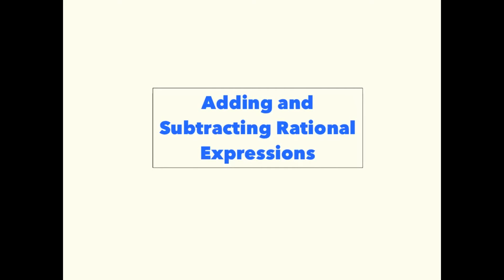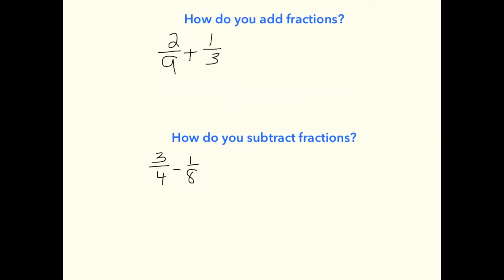Let's get started. When you want to add fractions without a calculator, in this case 2/9 plus 1/3, you can't add them across until you have the same denominator. So the most common denominator is going to be 9, because this is 9, and we can multiply this by 3 to make this denominator 9.